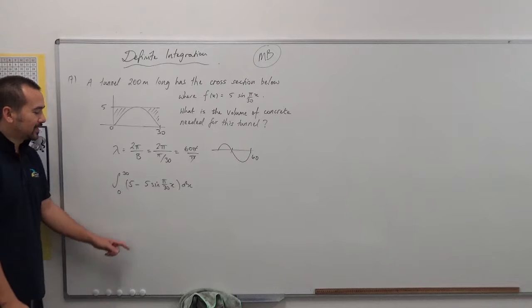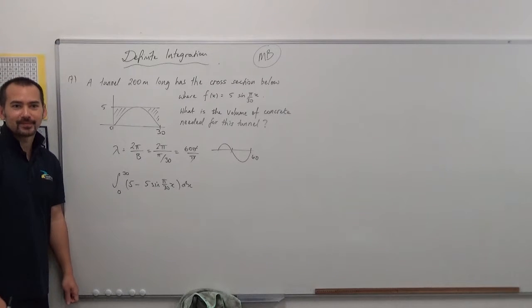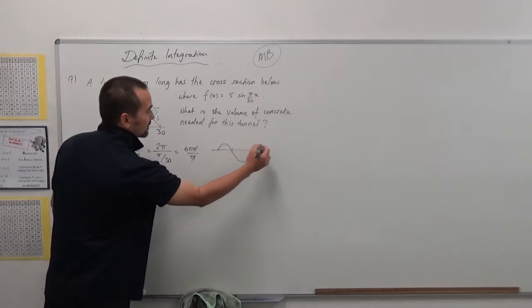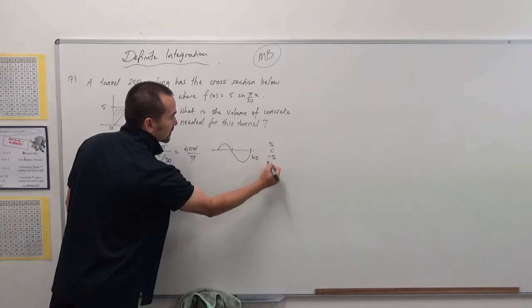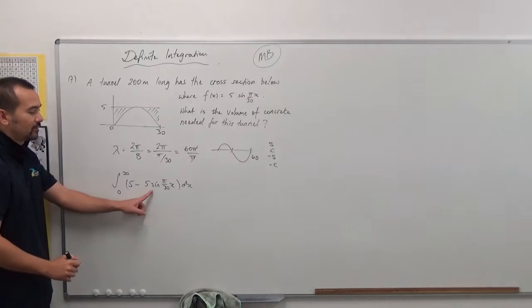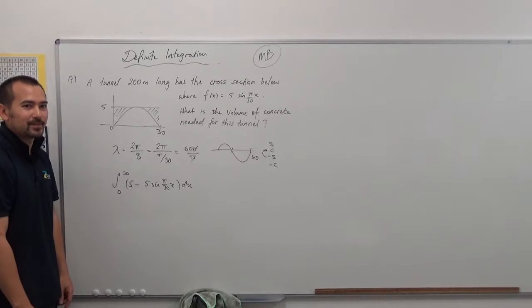Now, what's the integration of negative sine? Cosine. Derive sine, we get cosine. Derive cosine, we get negative sine. Derive negative sine, we get negative cosine. So the integration of negative sine is cosine. Very good, Ben, which is what you said.